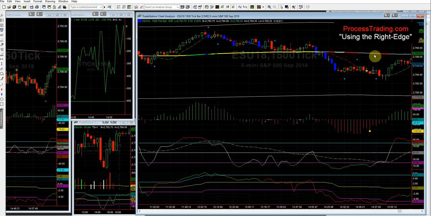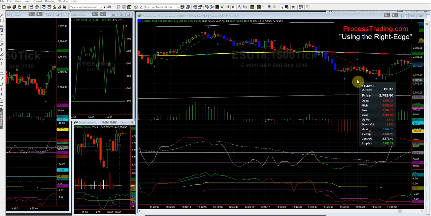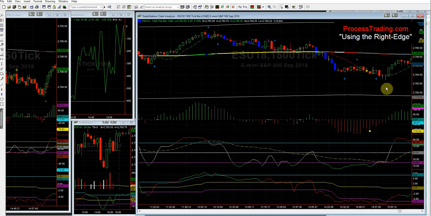The VWAP, the process trading VWAP, is gray. It says the trend is down. So the timing alert dot is above the price bar. We look at the low of the price bar associated with the timing dot, and that's 84.75. That means we would place our order entry at 82.75. And let's see where that would get filled.